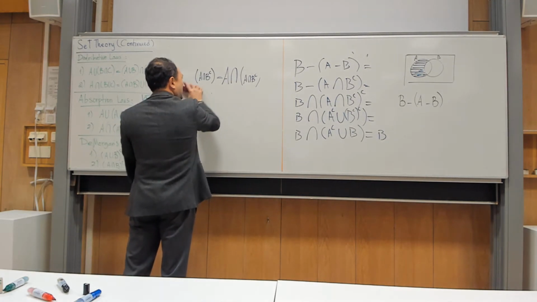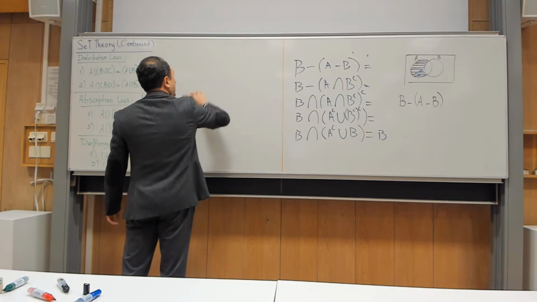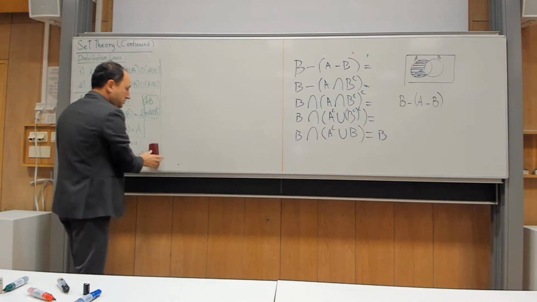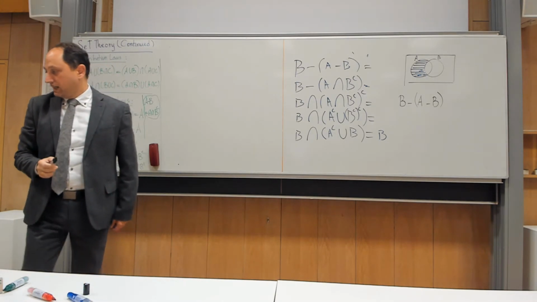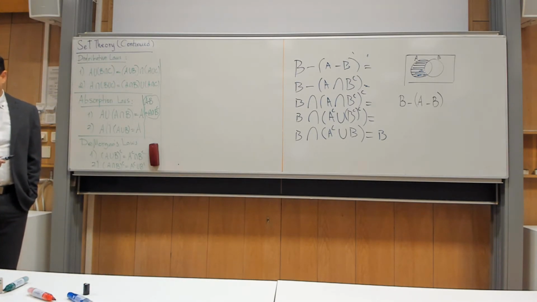Here, I would say don't try to visualize it. Of course, that's also a good practice. If you want to do it, just do it. But here, I prefer you to do the algebra. So this is the case.